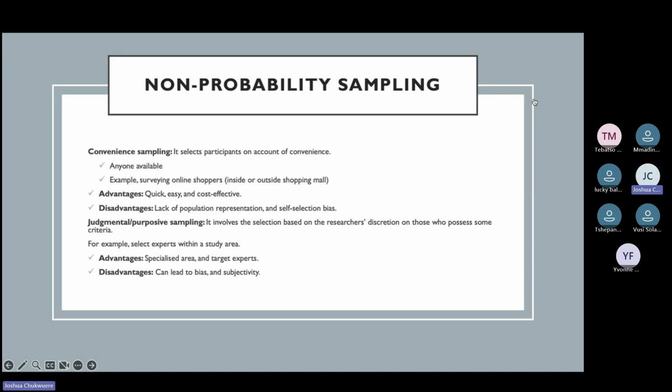Because you went to the mall, anyone inside the mall can be reachable. So that is quick, easy, and cost effective. However, lack of population representation and self-selection bias can play in.